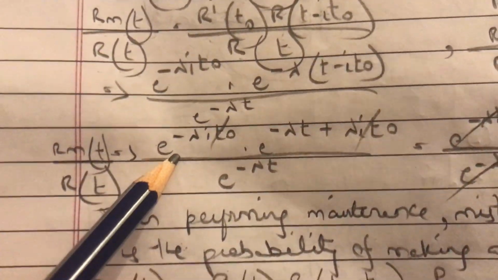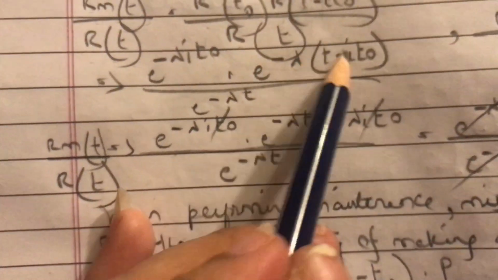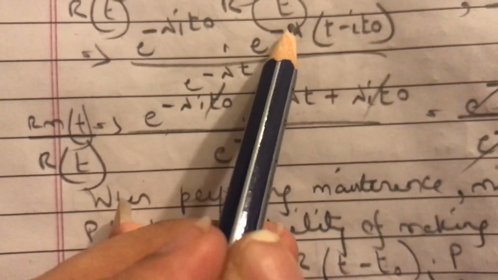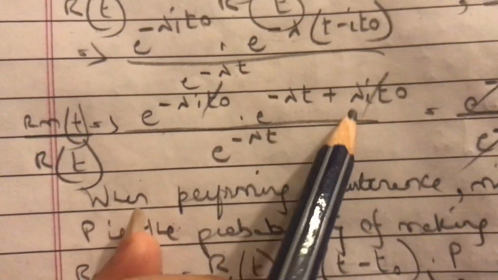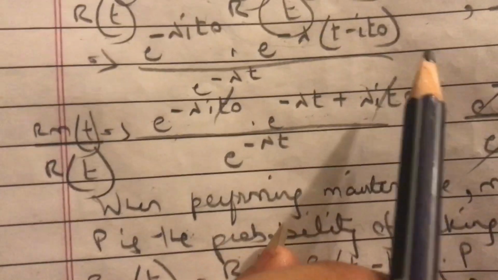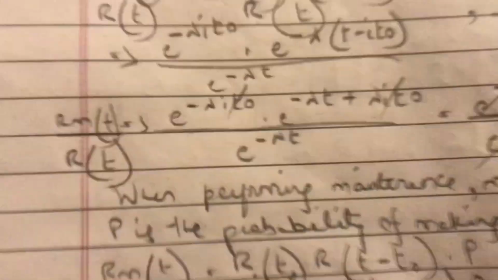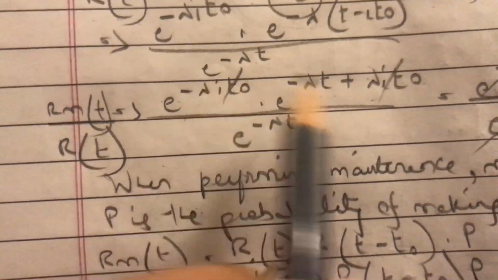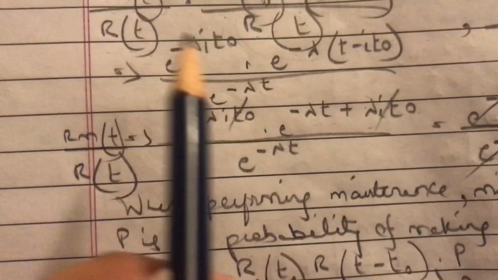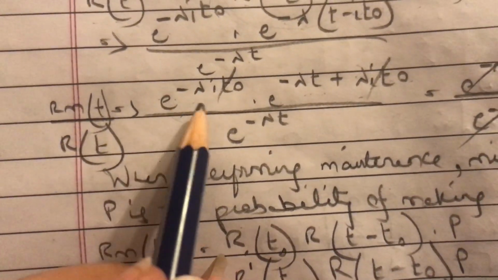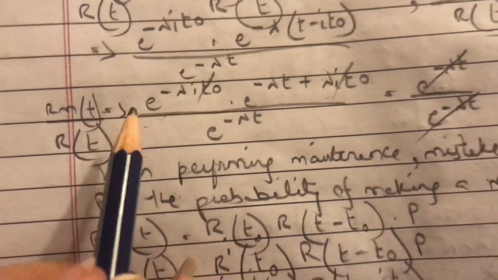So now what do we get? We multiply by lambda and t, we get minus lambda t, and plus lambda t0. Lambda i t0 and lambda i t0, one is minus and the other is plus, so they cancel. What remains is e to the 0, and e to the 0 is 1.